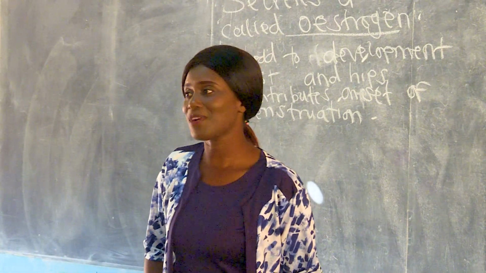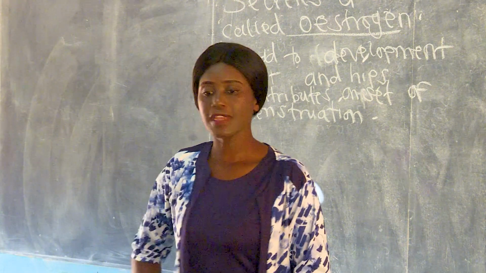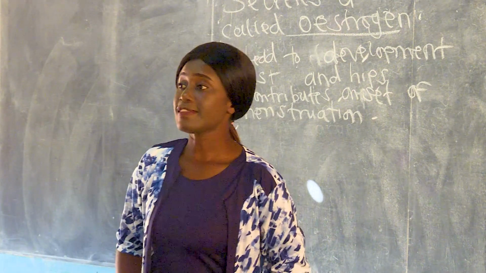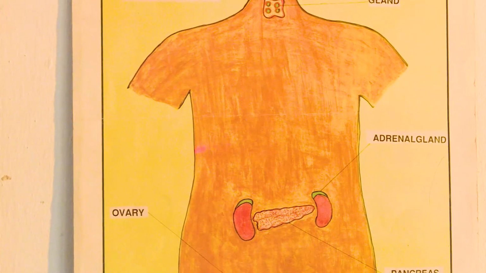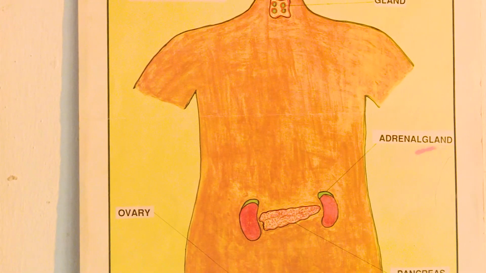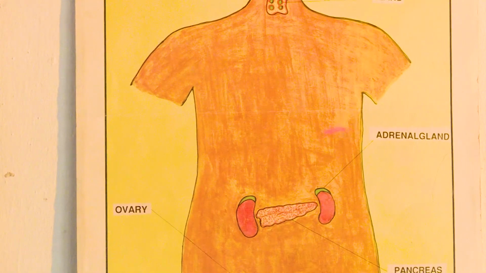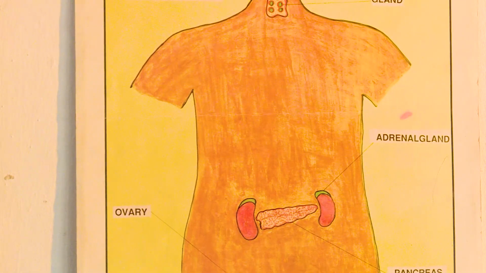That's it, boys and girls, on today's lesson. Today's lesson was on the endocrine system, the system that is made up of glands that secrete hormones, such as adrenaline, which is known as the fight or flight hormone, which makes us to do what?